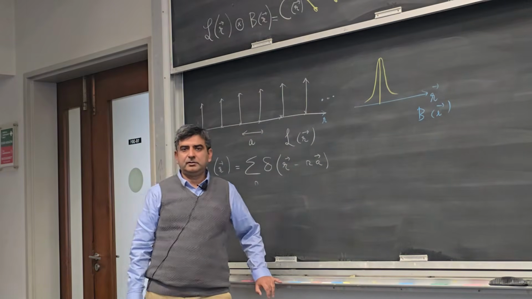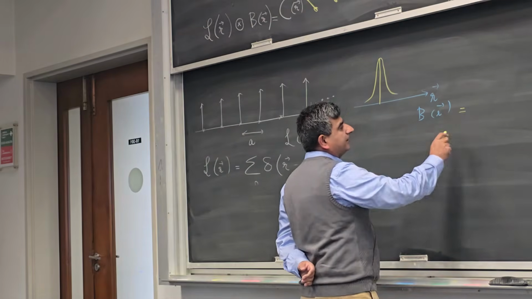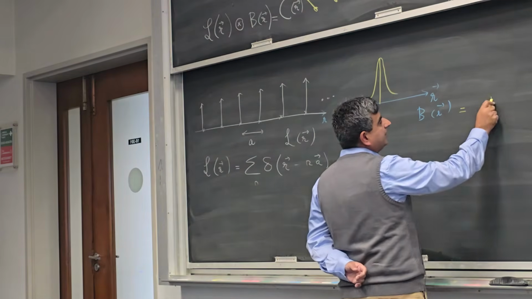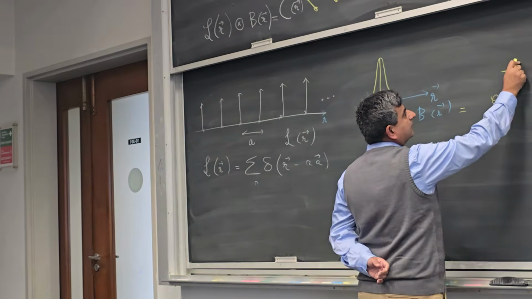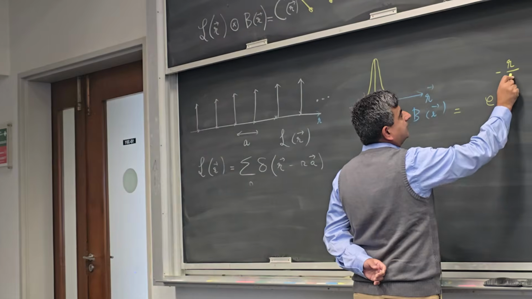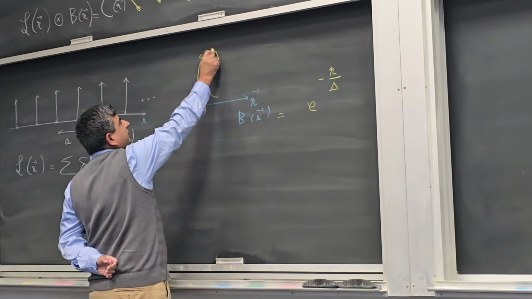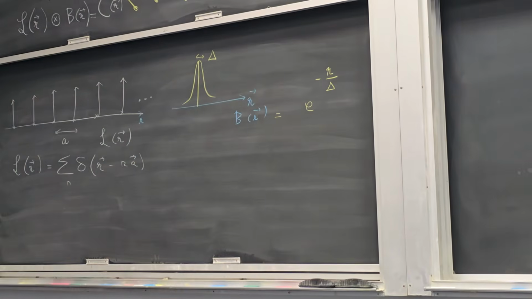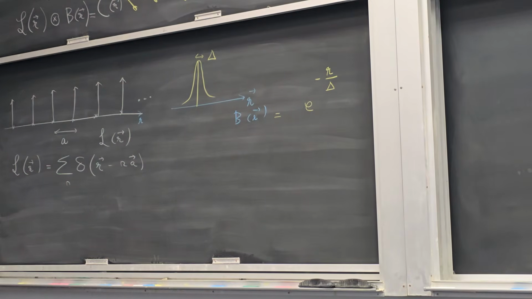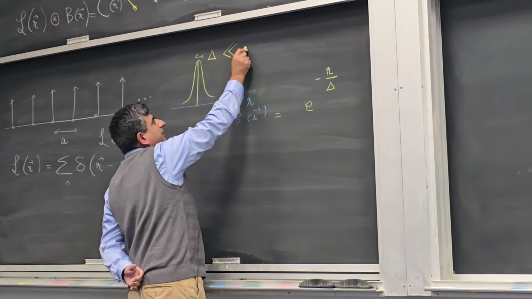So this function is some amplitude, say 1, times e to the minus R squared over delta squared, where delta is a measure of this width. And I assume delta is much smaller than a.